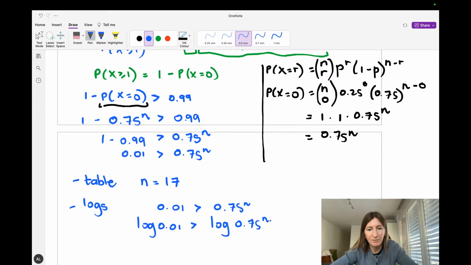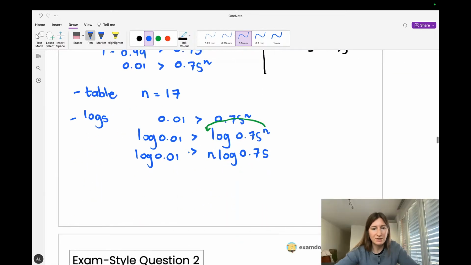That helps with that n, because in our log laws, if we apply log, that n can come to the front, which makes things a lot easier. Log 0.01 less than n log 0.75. Great. Now we can divide by log 0.75 just to get n on its own. So I'm going to divide log 0.01.